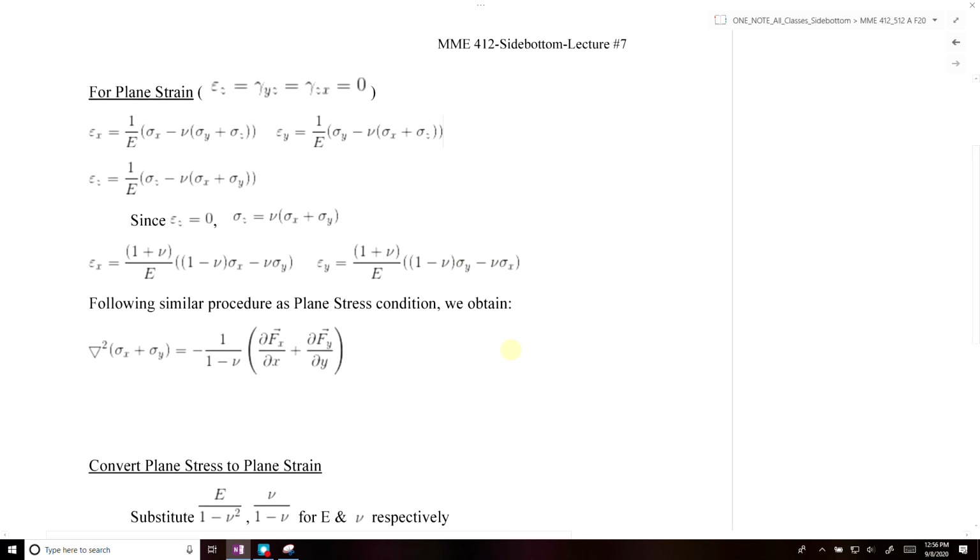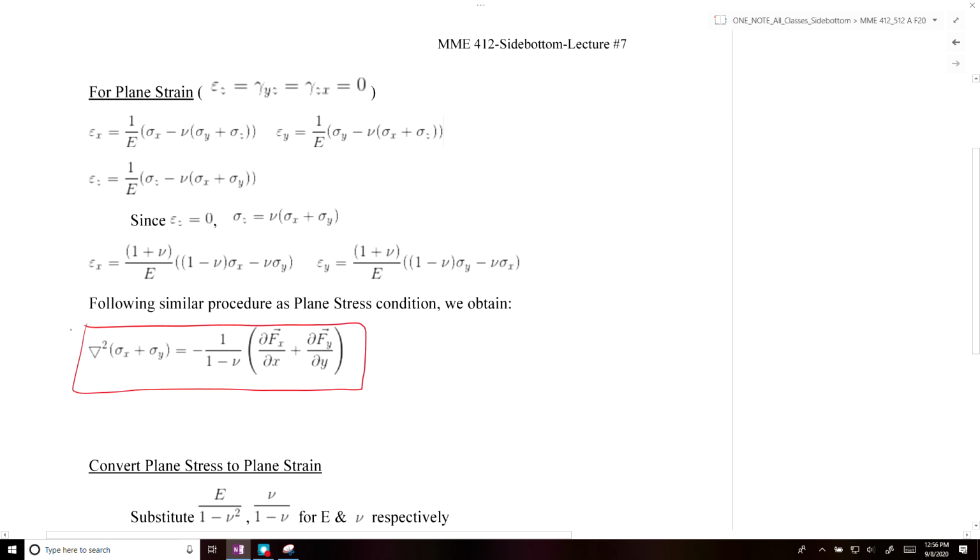Again, we have our stress-strain relationships here. If you do the same process, where you take the equilibrium equations and the compatibility equations and substitute them in for each other, you end up getting this equation for the plane state of stress.